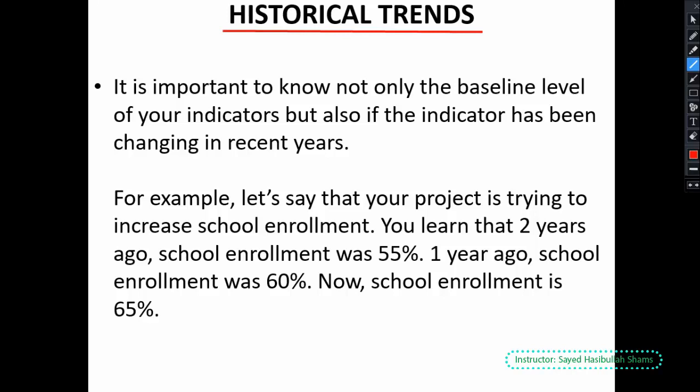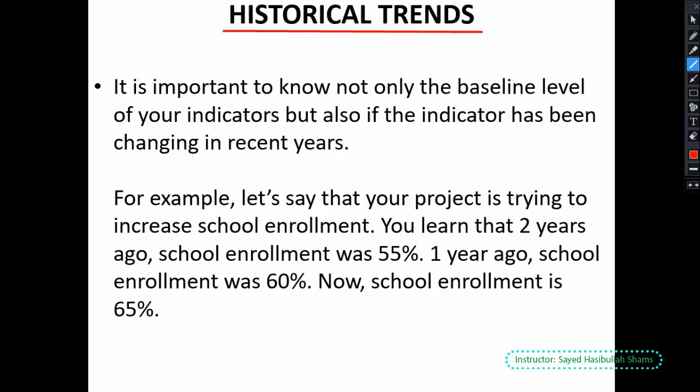So the school enrollment was reported, for example, 2 years ago 40%, or 1 year ago, for example, 60%.